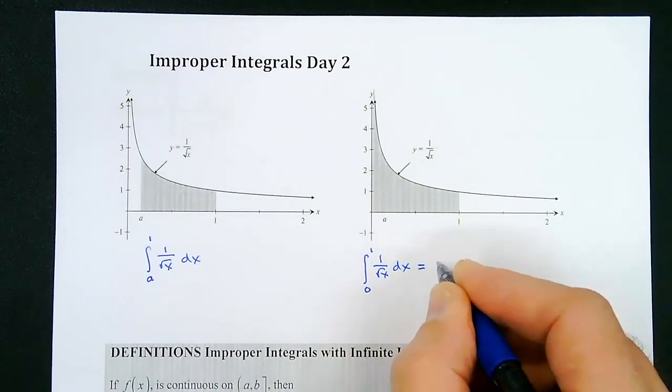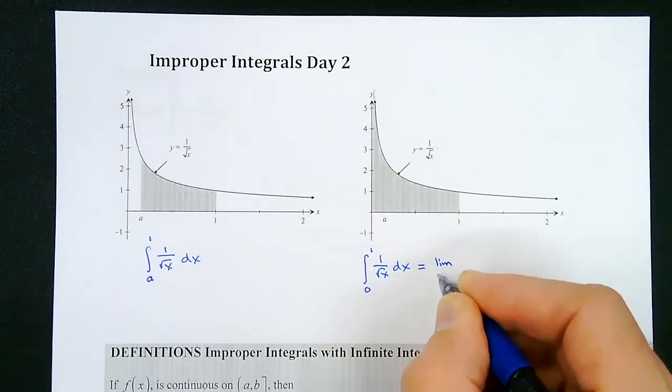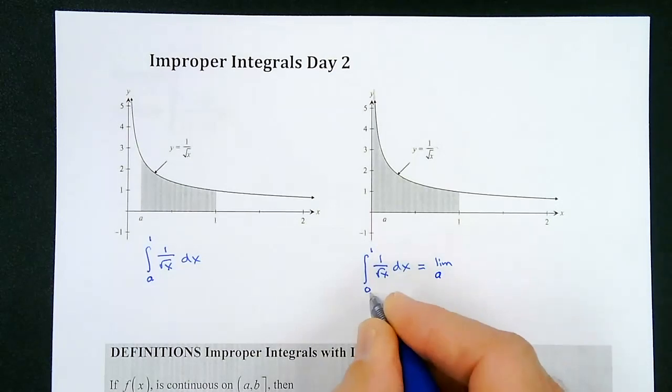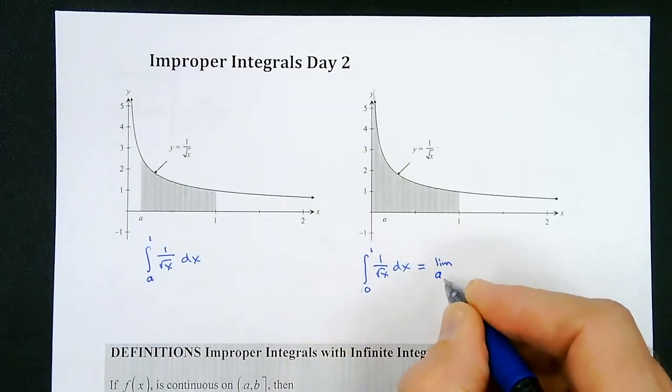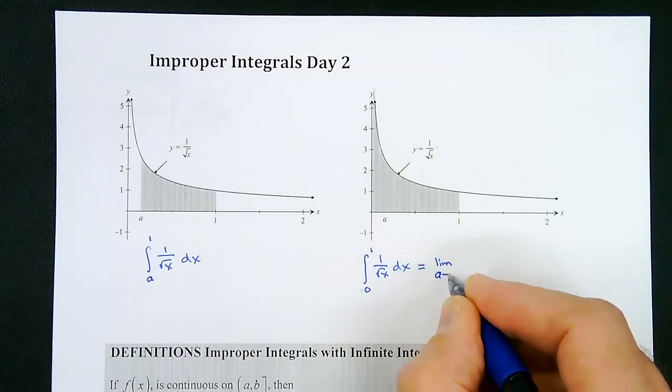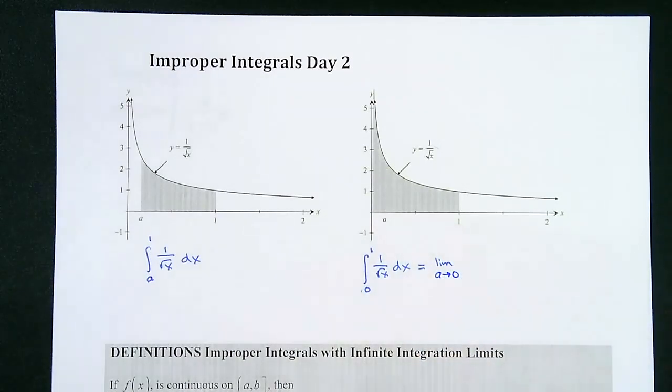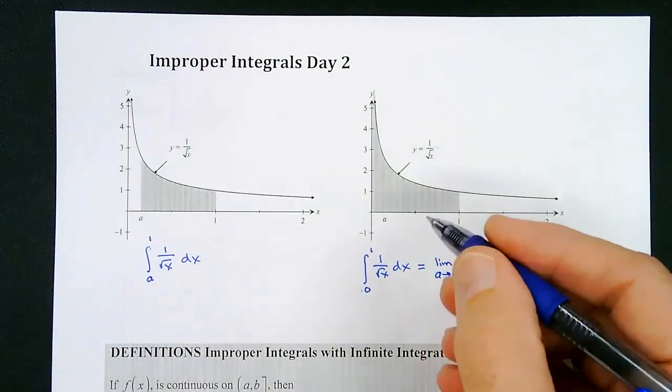What we could do is take the limit as a, because this is going to be our lower limit, where the infinite discontinuity occurs. We're going to make a approach 0, but we have to approach 0 from the correct side, which would be the right side.